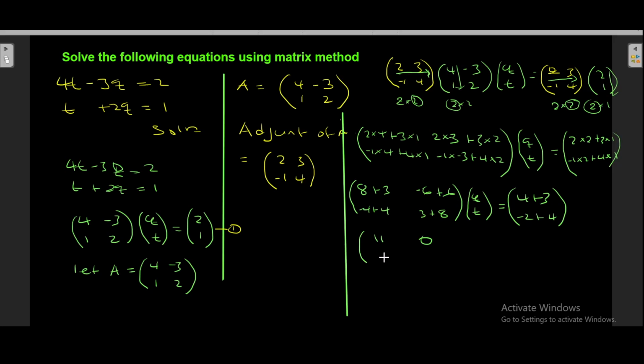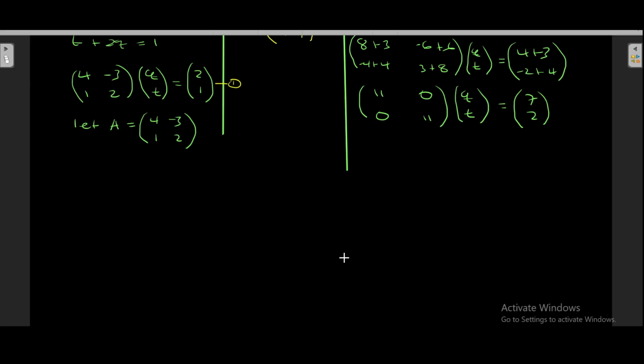Negative 4 plus 4 gives us 0. 3 plus 8 gives us 11. This is q and this is t, equals 4 plus 3 which gives us 7, and then negative 2 plus 4 which gives us 2. Then close the bracket. Okay, I hope we are together. We are on the same page.